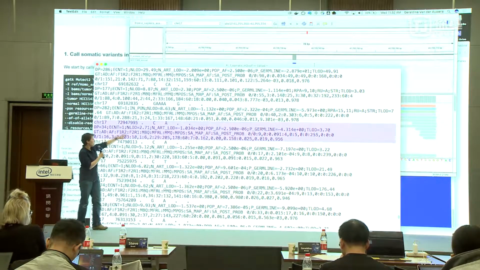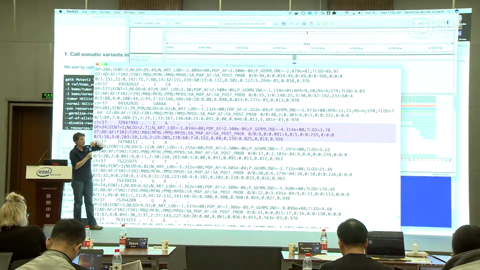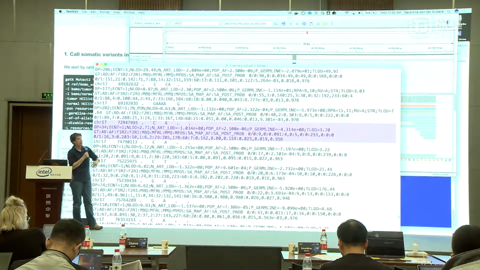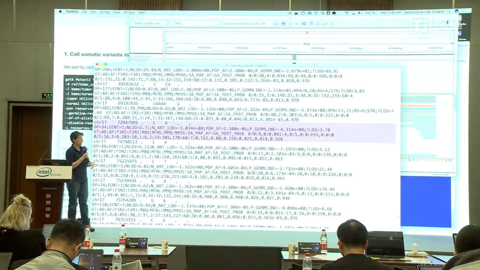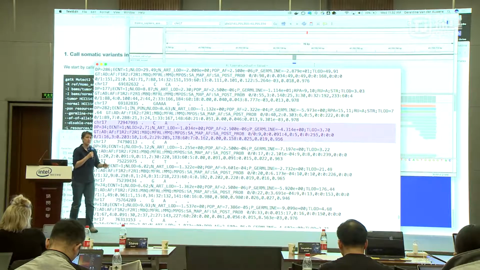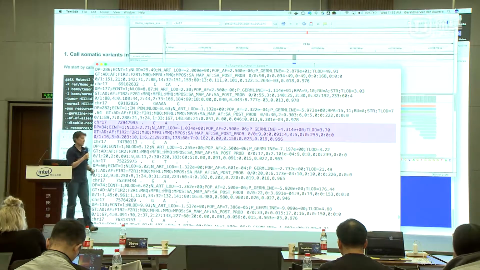The F1R2, F2R1, those are counting the number of reads and the read orientation, because read orientation is statistics. It's one of the key pieces of evidence that we're going to use for some of the filtering. Okay, so that's what a record looks like.